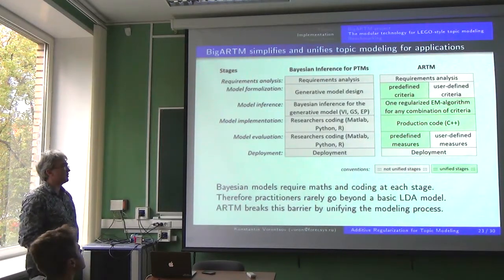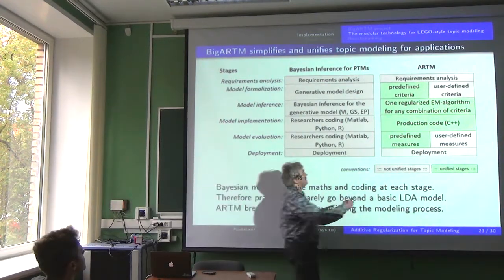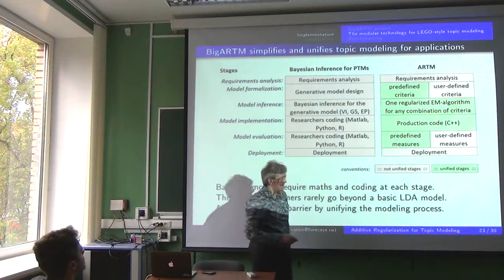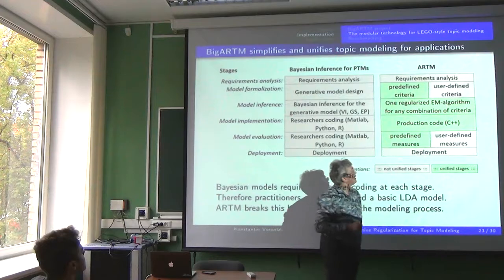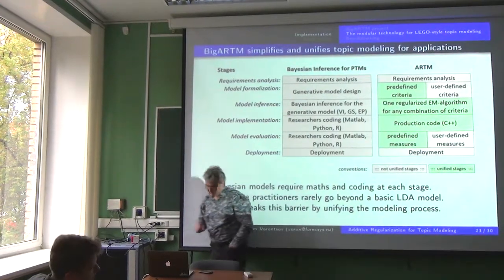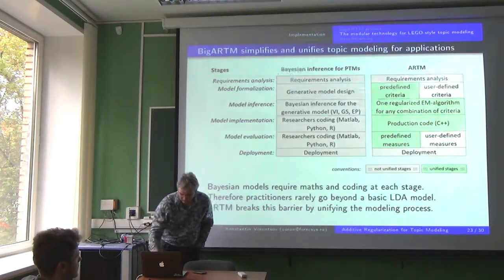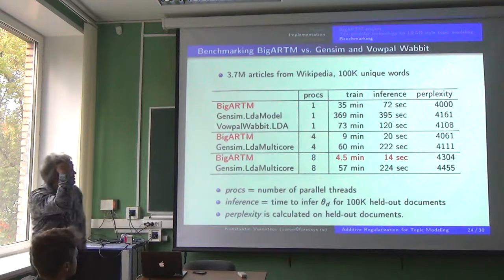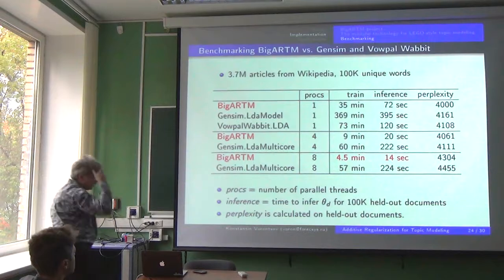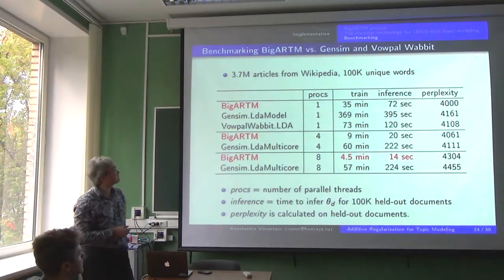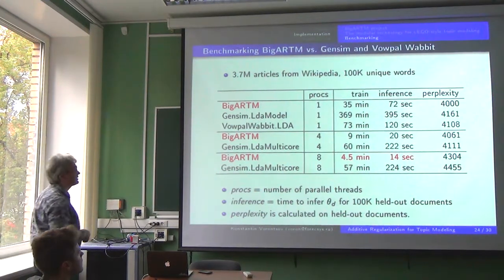But in our framework, we may unify many stages, and be occupied only by designing your own criteria and your own measure of quality for topic models. Benchmarks show that we are faster than our competitors on a data set of 3 billion articles from Wikipedia.